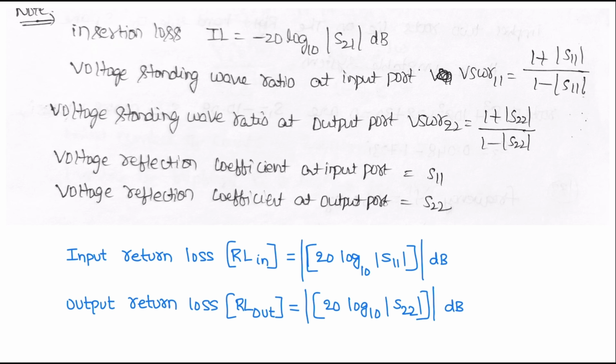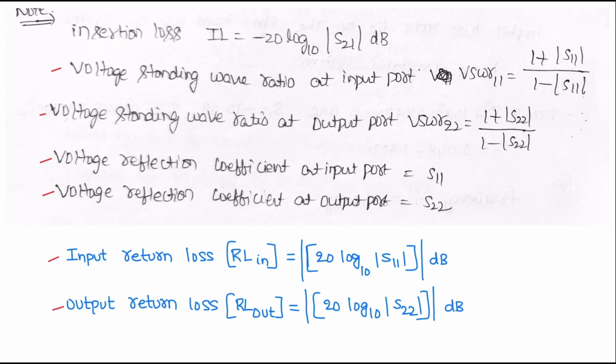Similarly, voltage standing wave ratio at port 2, at output port, is 1 plus S22 by 1 minus S22. Voltage reflection coefficient at input port is S11, voltage reflection coefficient at output port is S22, and input return loss is 20 log 10 modulus S11 dB, and output return loss is 20 log 10 modulus S22 dB.